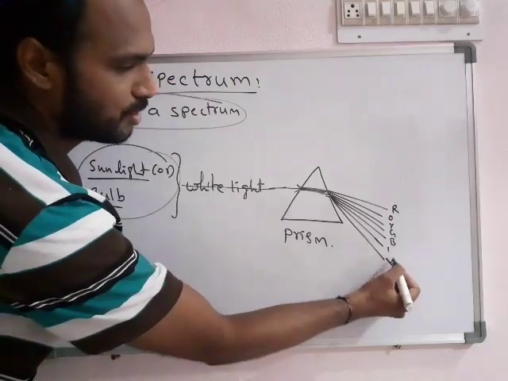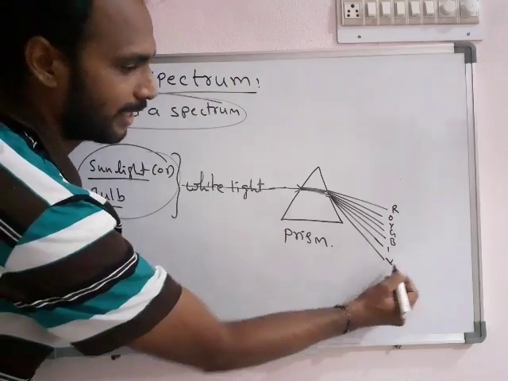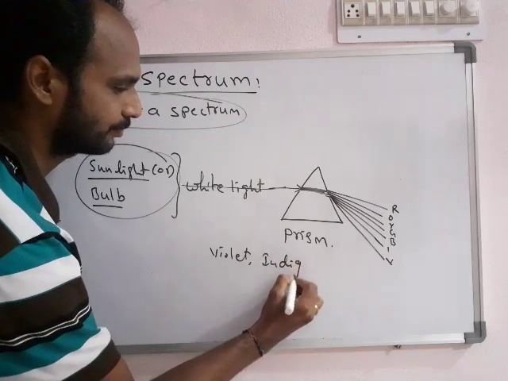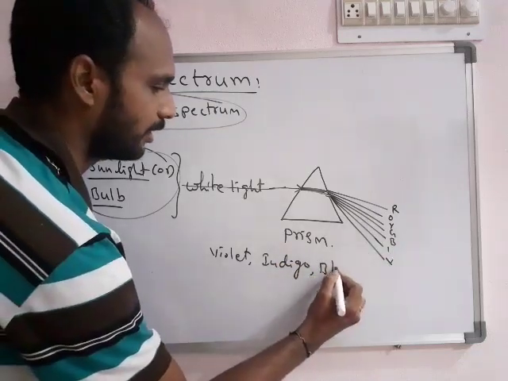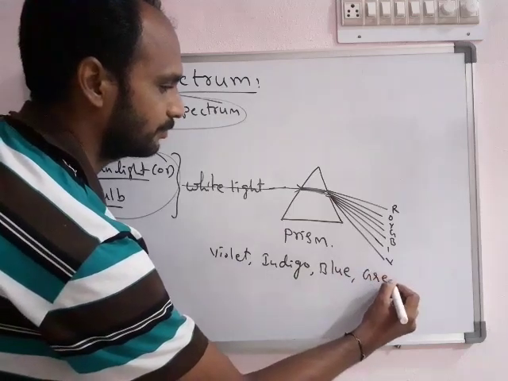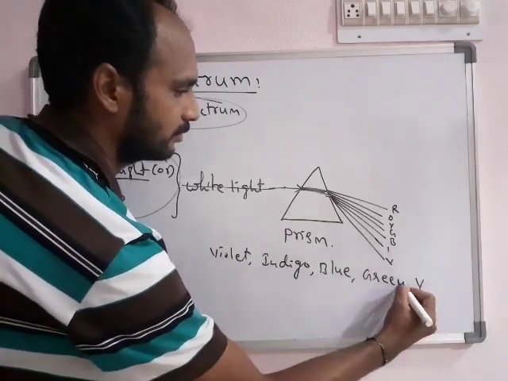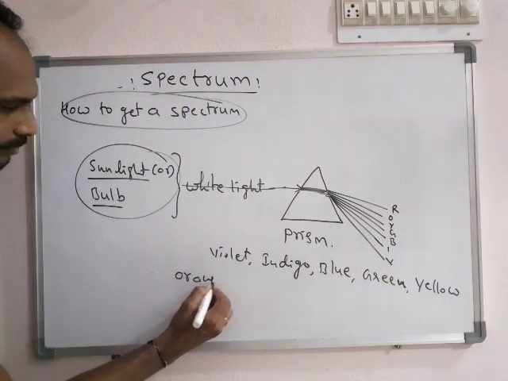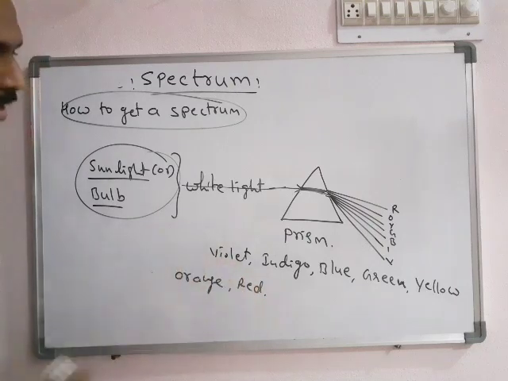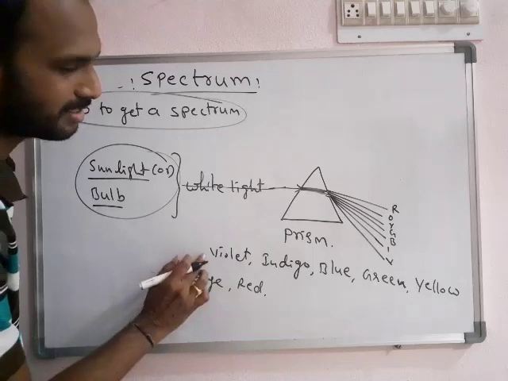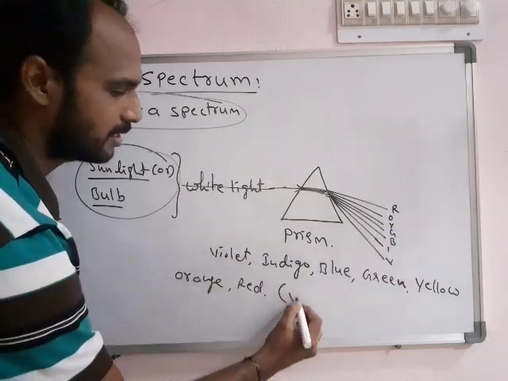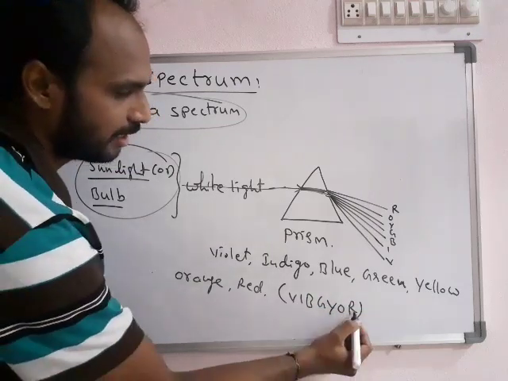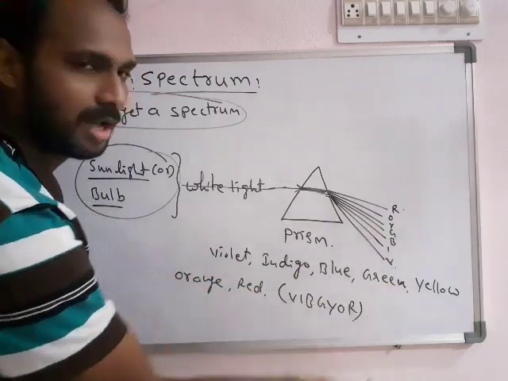Here we see the visual, the split into 7 colors: violet, indigo, blue, green, yellow, orange, red colors. So these are simply known as VIBGYOR.